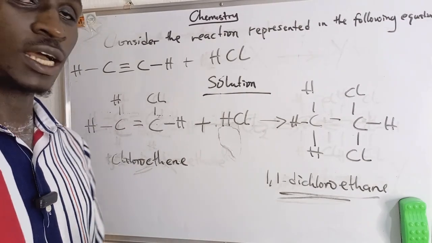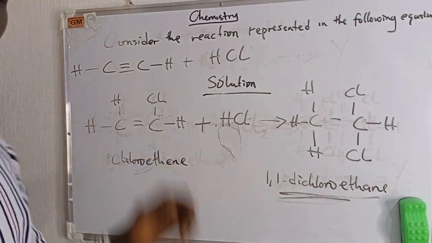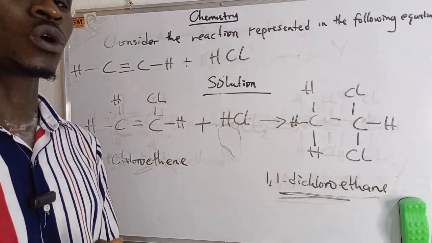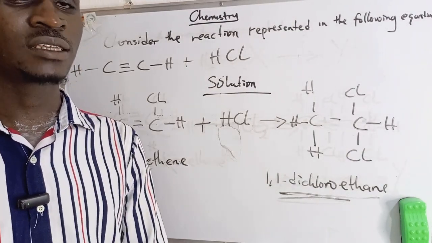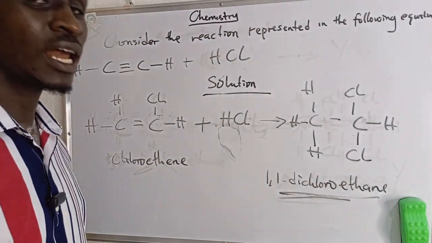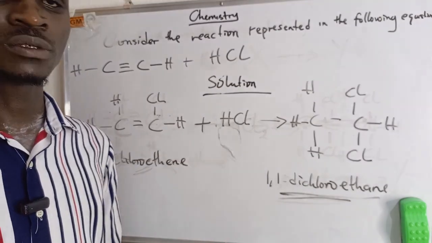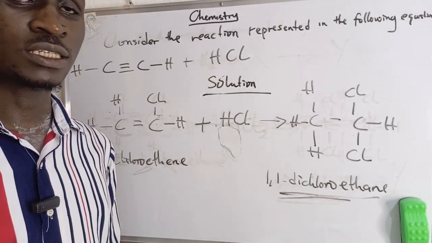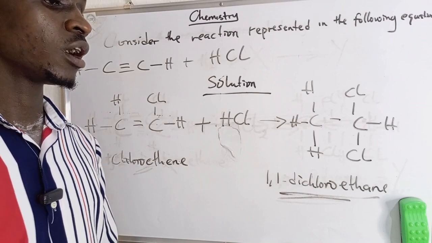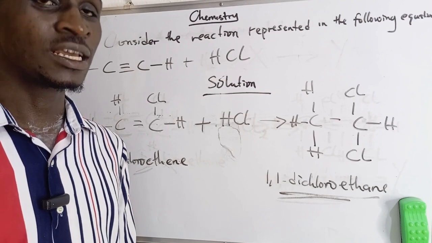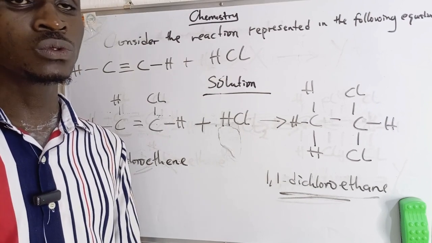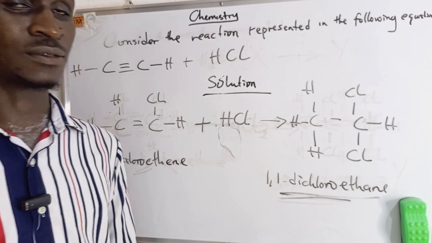adding water to ethyne. This also occurs in the presence of a catalyst. In this case, you are not just using a metallic halide to serve as your catalyst, but we are using H2SO4, which is tetraoxosulfate(VI) acid, and mercury(II) tetraoxosulfate(VI).